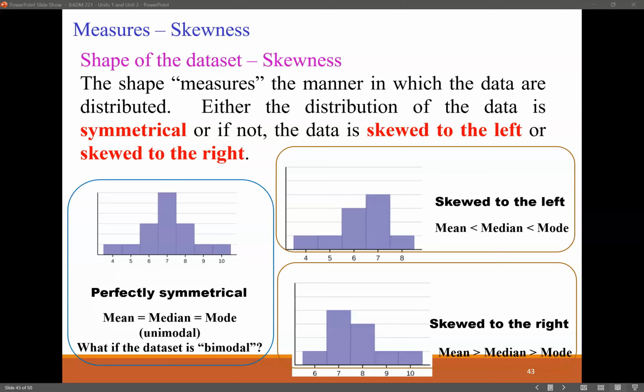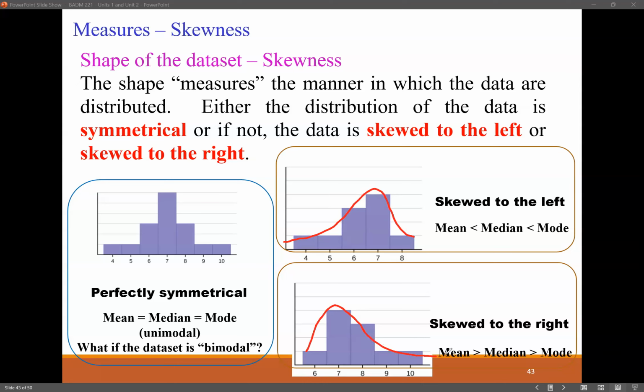Okay, so the third one is skewness, skew to the left and skew to the right. If you see this one here, it is like this, and this one is like this.